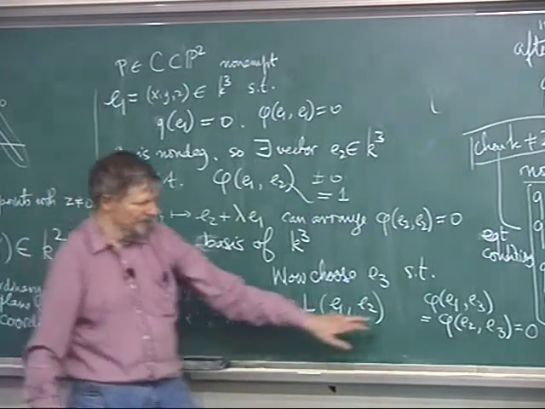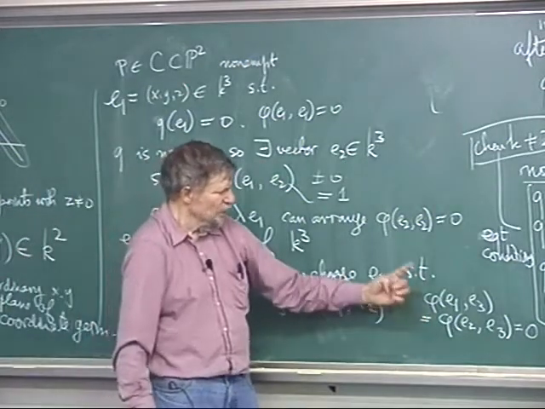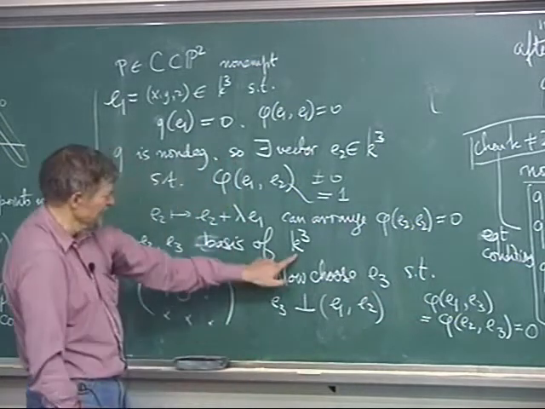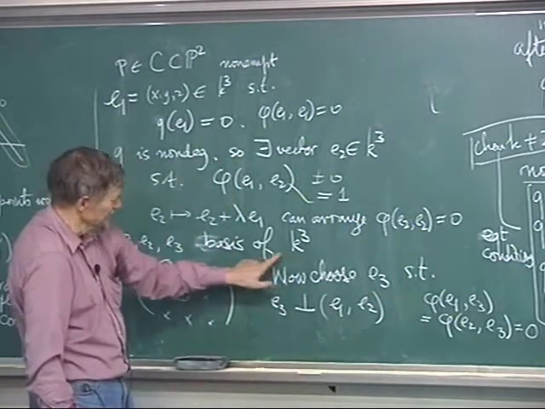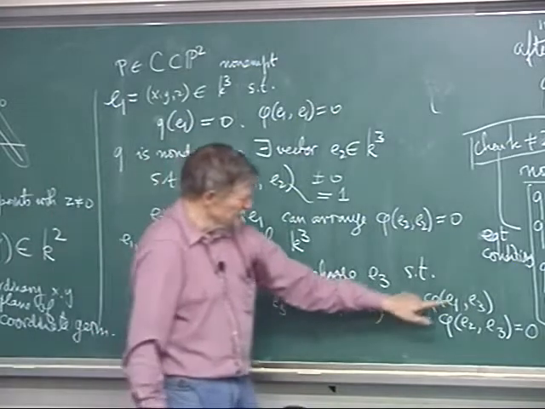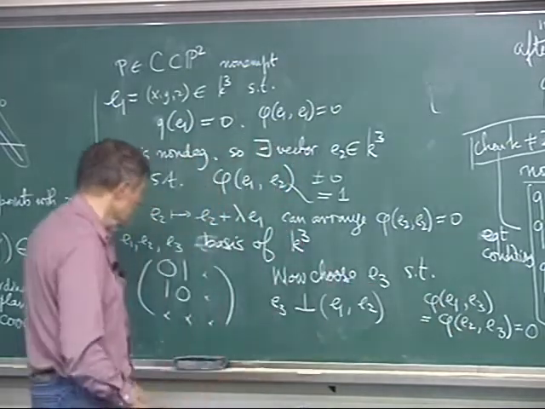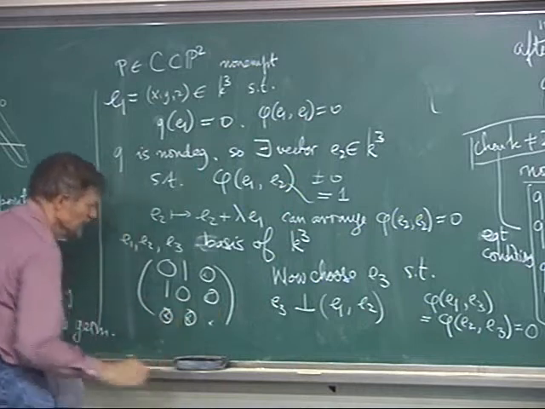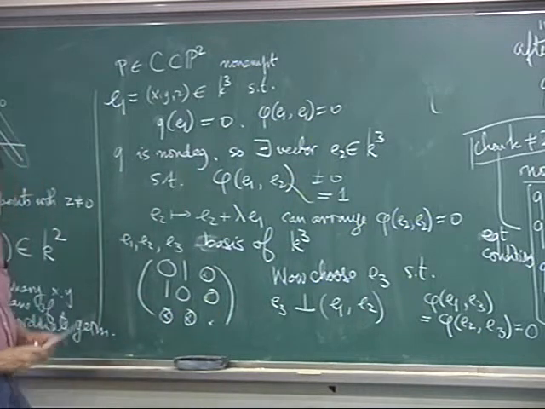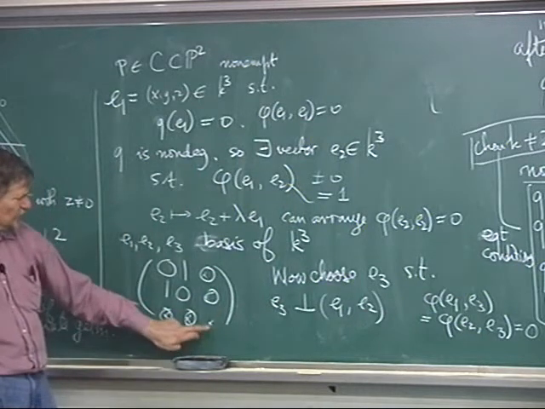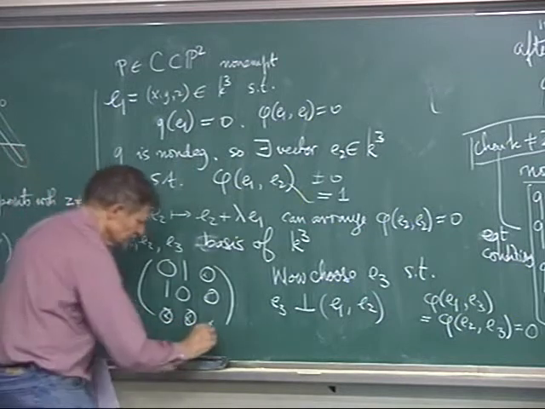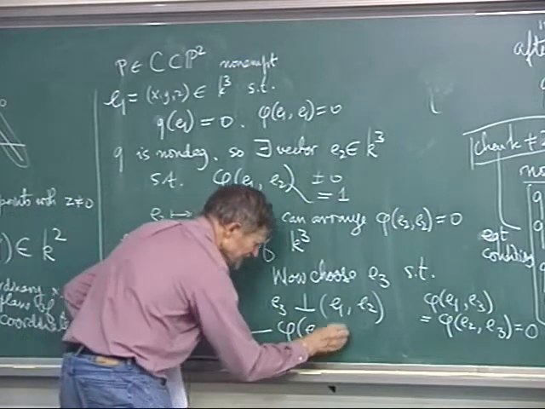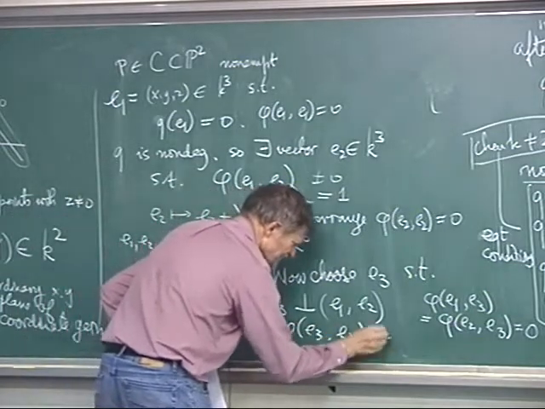I can do this because each of these conditions is one linear condition on a vector in this three-dimensional space. So I take this three-dimensional space and I impose these two conditions. So I can arrange also that these are 0. And furthermore, phi of E3 is not 0.